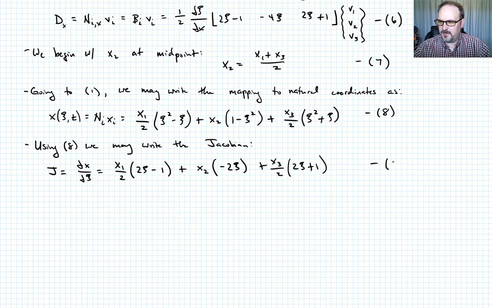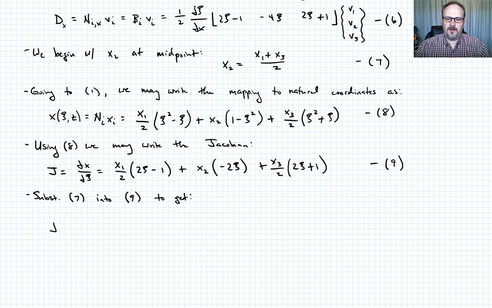Let's call that equation 9. Okay, so this is our Jacobian. Now we're just going to substitute equation 7, which gave us our value of x2 at the midpoint, into equation 9.